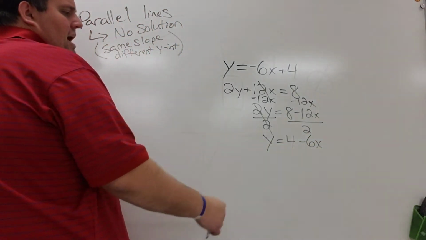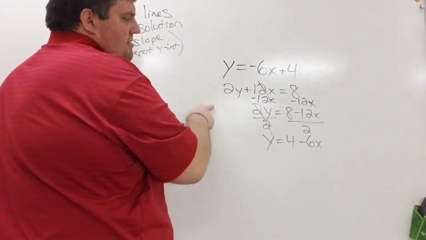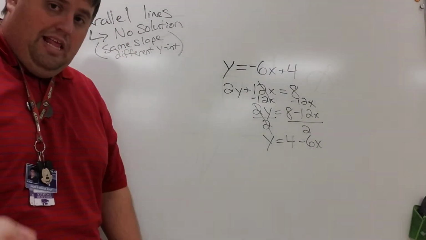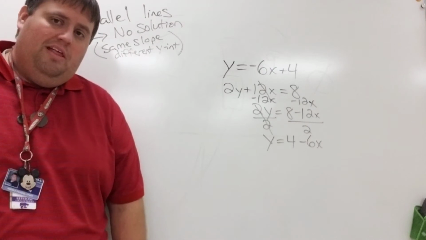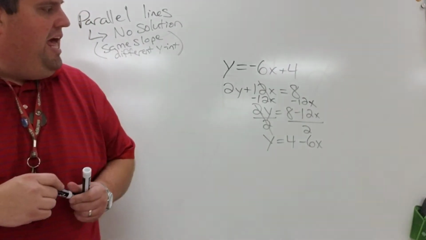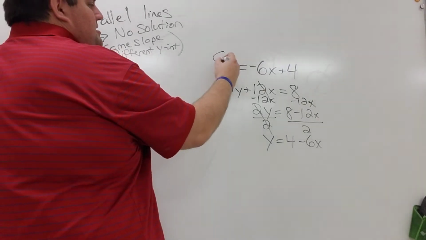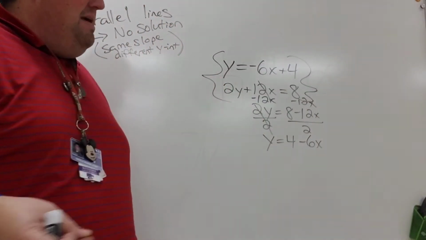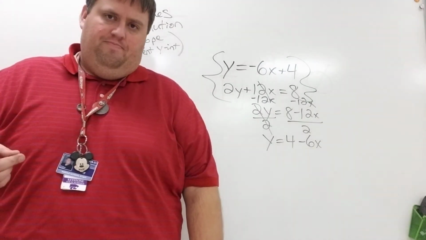And then you may notice, by looking at these two lines, hey, those have the same slope. And not only do they have the same slope, they also have the same y-intercept. So really what we have here in this system of equations is the same line twice.